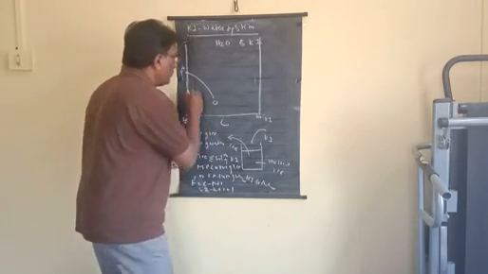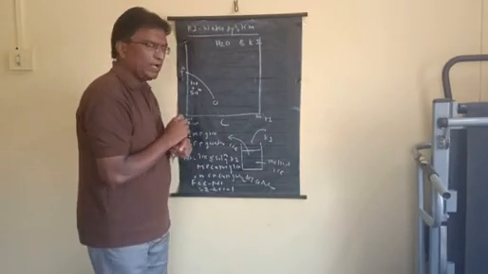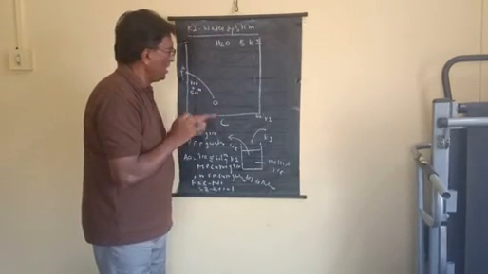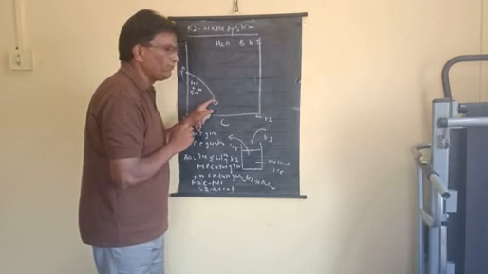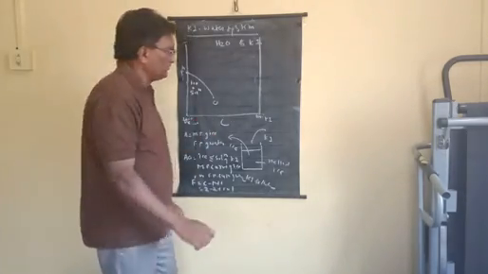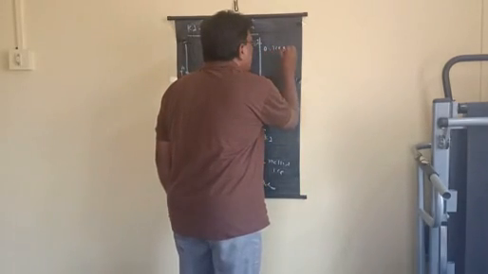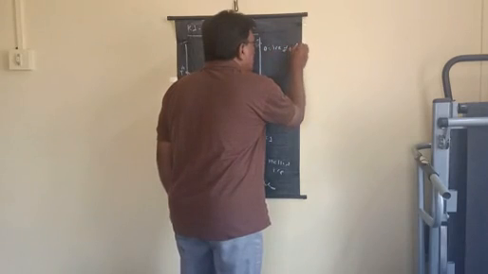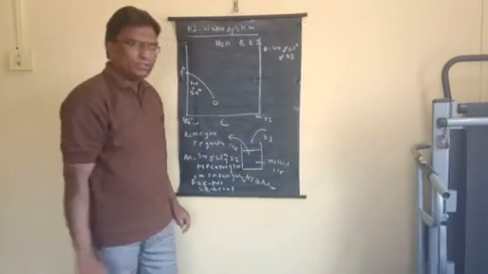And therefore, along this curve, ice and solution are in equilibrium. Now, as soon as the system reaches this particular point O, solid KI also separates out. At point O, three phases are in equilibrium: ice, solution and solid KI.